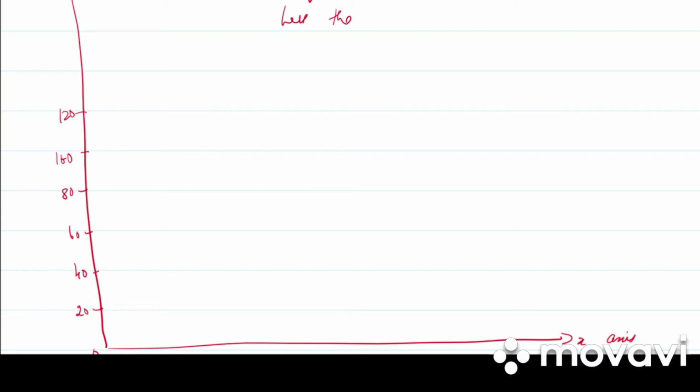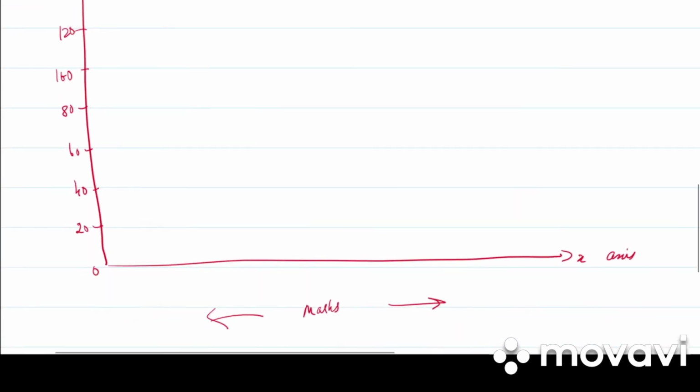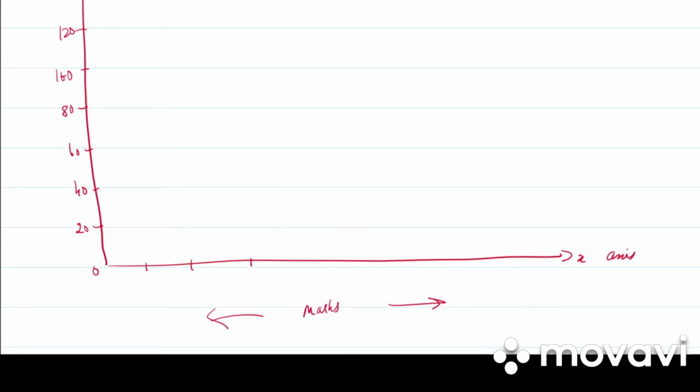Less than ogive. So for less than 5, we take the scale of again 1 centimeter each. So we have 5, 10, 15, 20, 25, 30, 35 and 40.